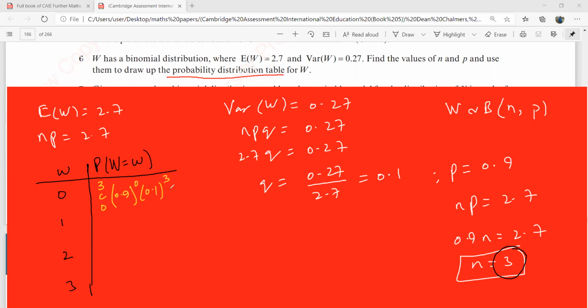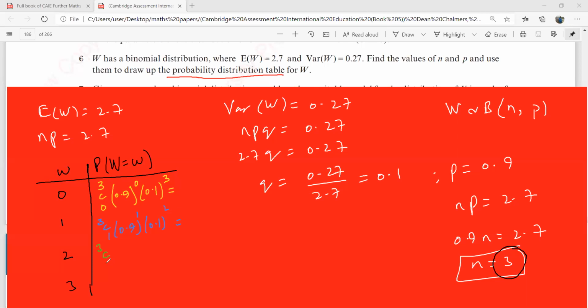Someone please use the calculator and tell me at least up to 4 decimal places. The next one is 3C1, 0.9 raised to power 1, 0.1 raised to power 2. Please use the calculators and tell me what these values are.